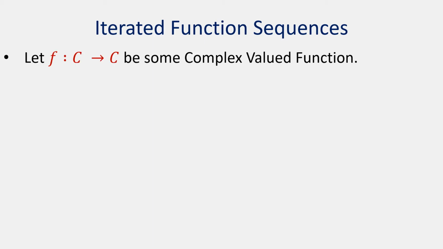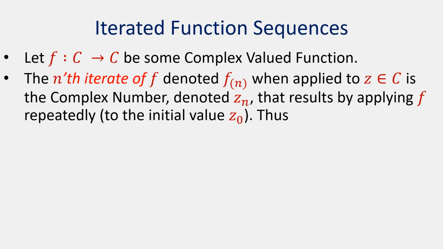What's an iterated function sequence? Well, we start off with some complex valued function, a function that maps some complex numbers to complex numbers. And what we refer to as the nth iterate of that function, we use this notation to describe that, is the outcome when we apply that function n times to a given starting value.